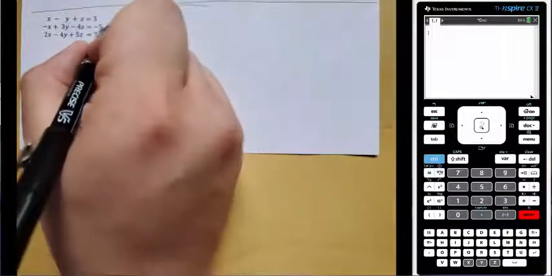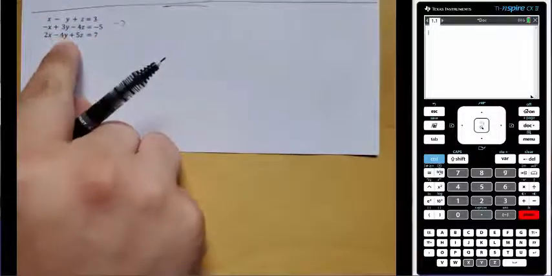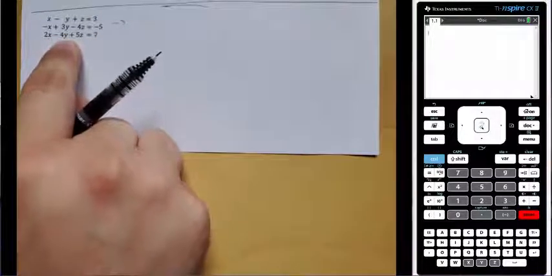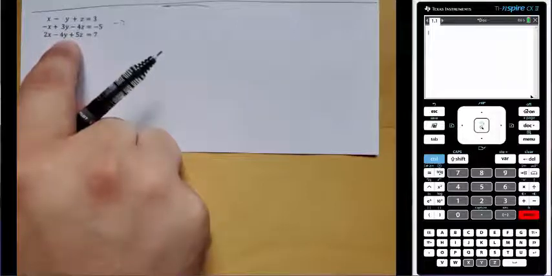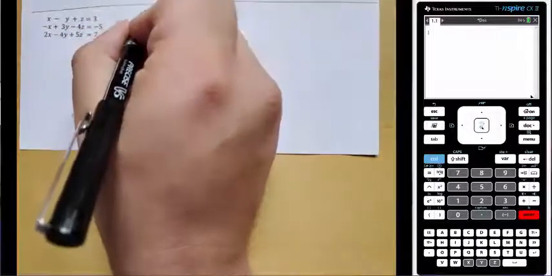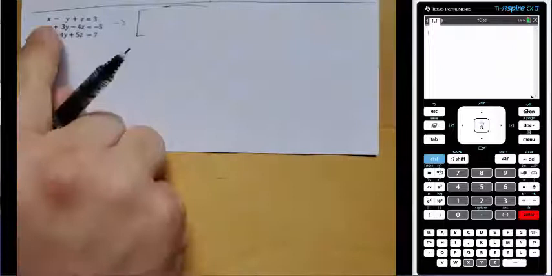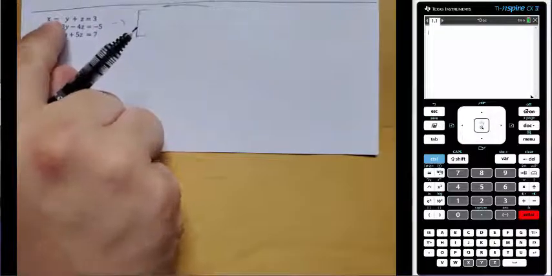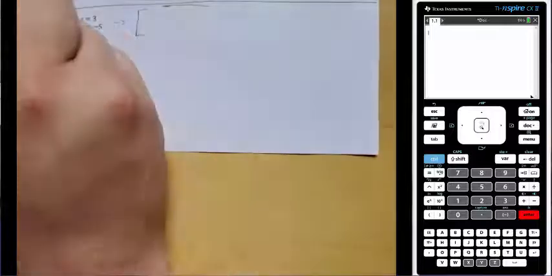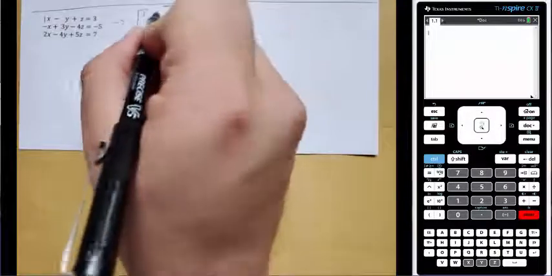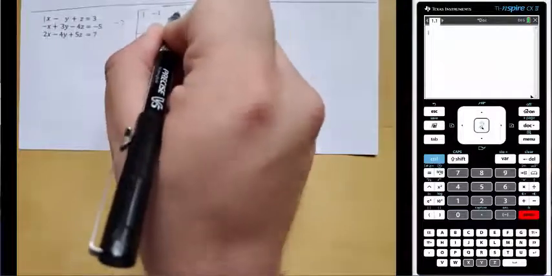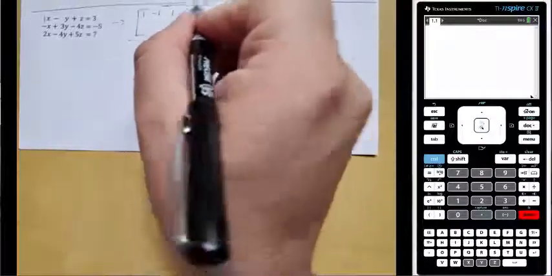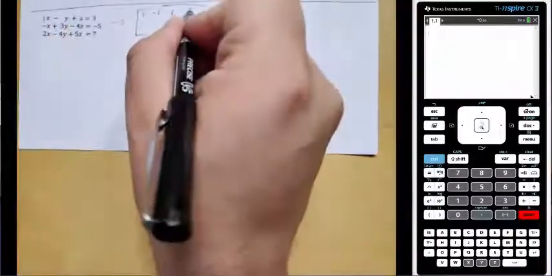So what I'm going to do is turn this system of equations into what's called an augmented matrix, an augmented coefficient matrix. What that means is I'm going to make a matrix out of all the coefficients that I see in here. So the first row will be the coefficients in this first row. The coefficient of x is 1, the coefficient of y is -1, z is 1, and then the constant that it's equal to is 3.